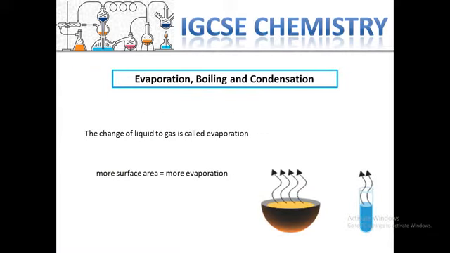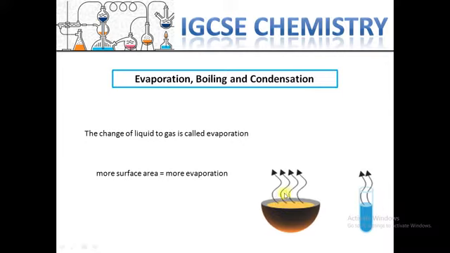So this slide shows some explanation for evaporation, boiling, and condensation. Evaporation is the change of liquid to gas, and if we have more surface area of the liquid, we can get more evaporation.